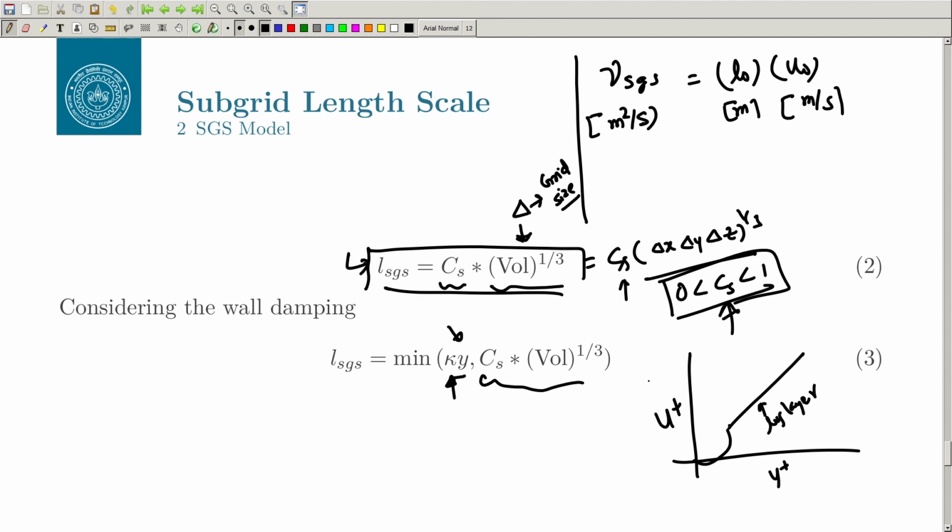In fact, you can also use the Van Driest correction, which matches the value more accurately in the log law region, which is 1 minus e to the power minus y plus by A plus, multiplied by delta. So again, the minimum of these two will take care of the damping very close to the wall.